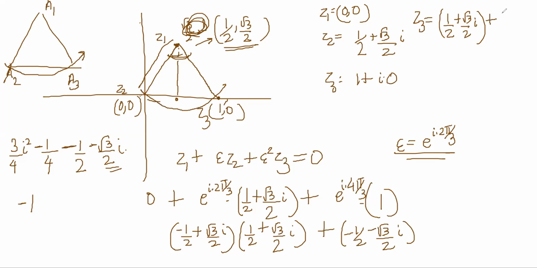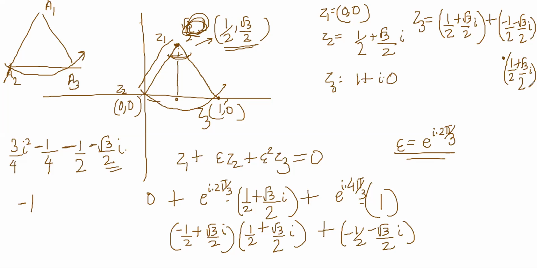So Z2 minus a is 0 minus this, so minus half minus root 3 by 2i, into e to the i pi by 3. e to the i pi by 3 is 1 by 2 plus root 3 by 2i.